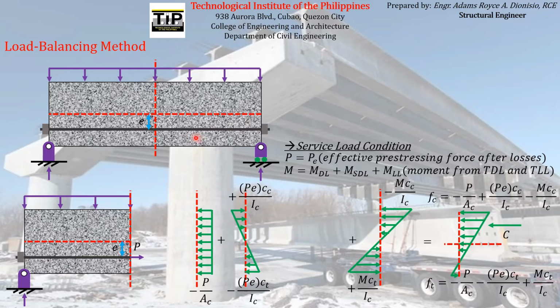So if we graph all of those variations of magnitudes from one end to another, the diagram will look like this, with a maximum magnitude of moment occurring at midspan, which is the bending moment induced by the applied loads.